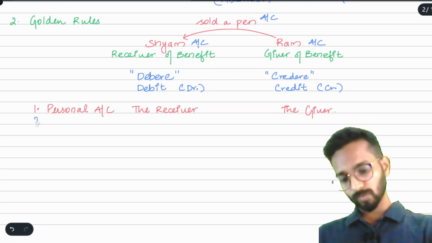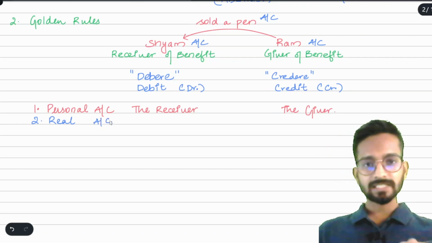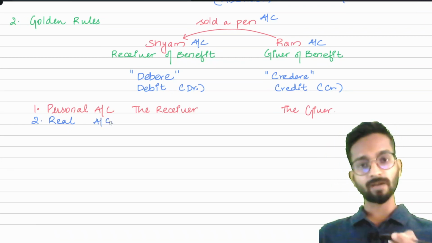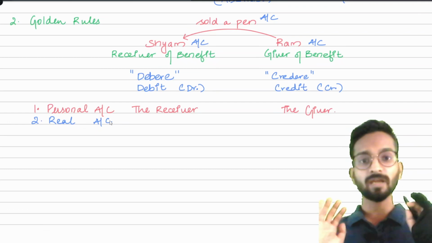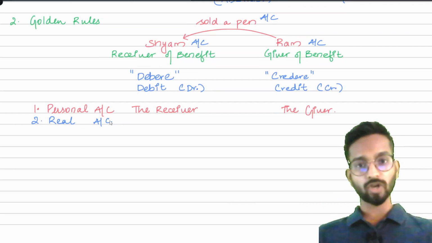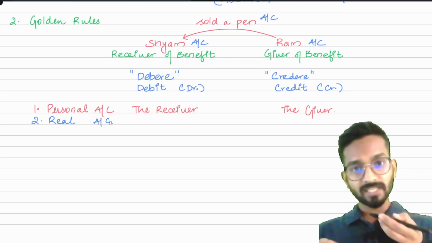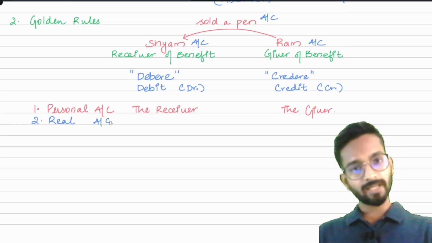See, what is the case with the real account? Okay, tell me, Sham is receiving the benefit, Sham is receiving the pen. So what will Sham write? Okay, I am happy, I am receiving the pen, and look at the column of Sham, he will be debited in the books of Ram. Because Sham is receiving the pen, he will be debited.